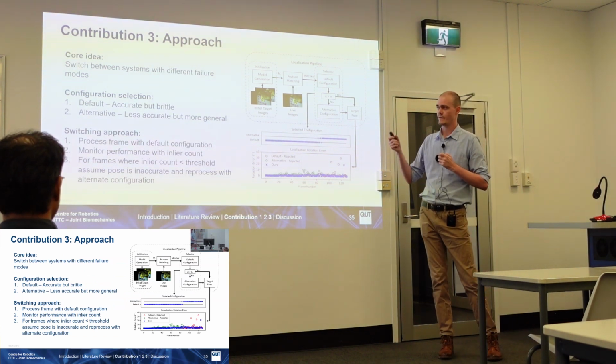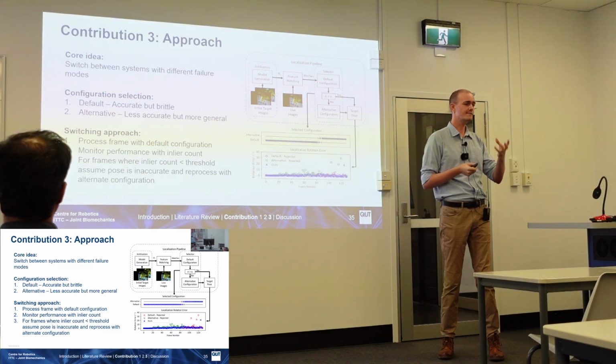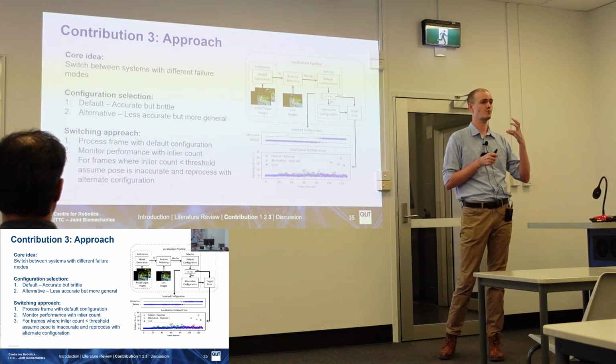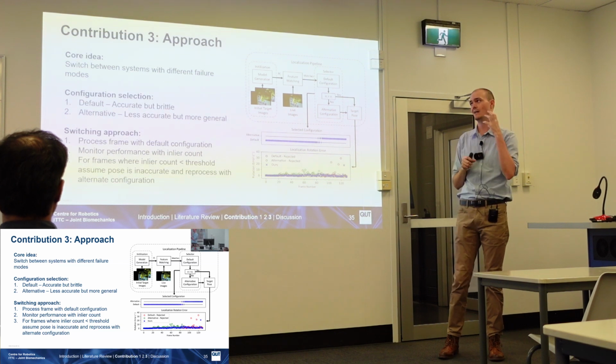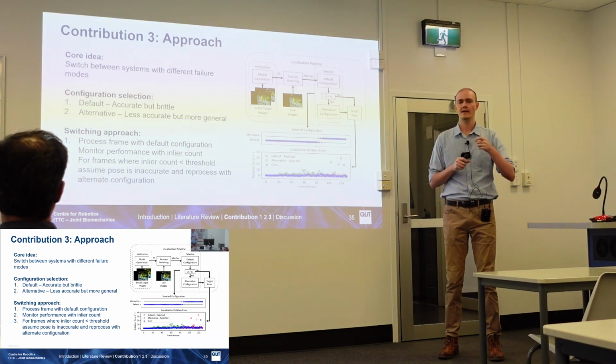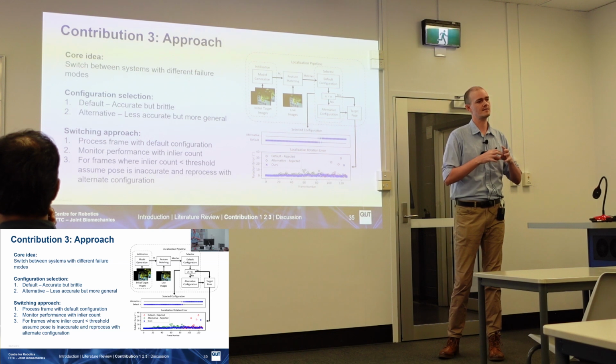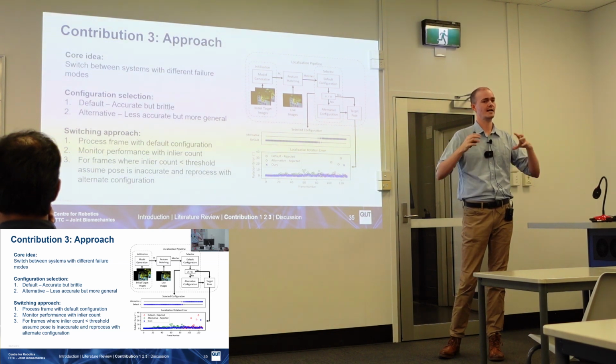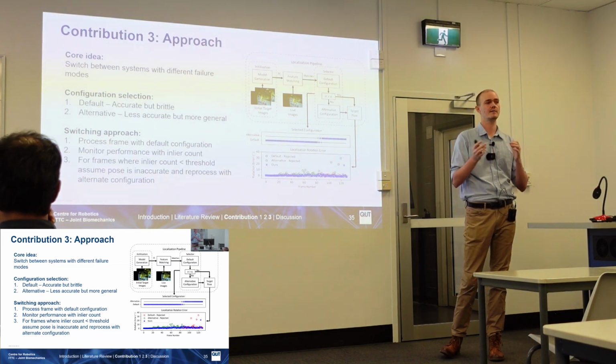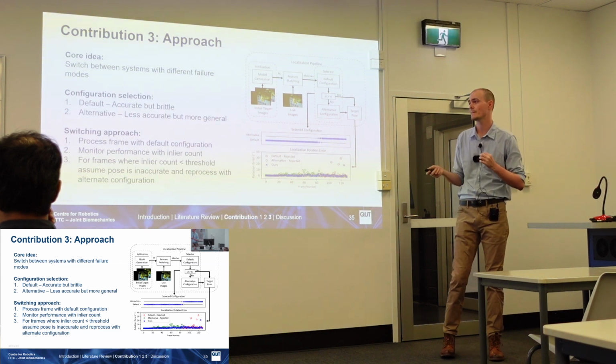To do this, with our approach, we establish a default localization system which works accurately, but has a tendency to fail brittly. And we have an alternate configuration. And this is a more generalist configuration, but it has slightly higher errors, but works in a wider range of conditions.